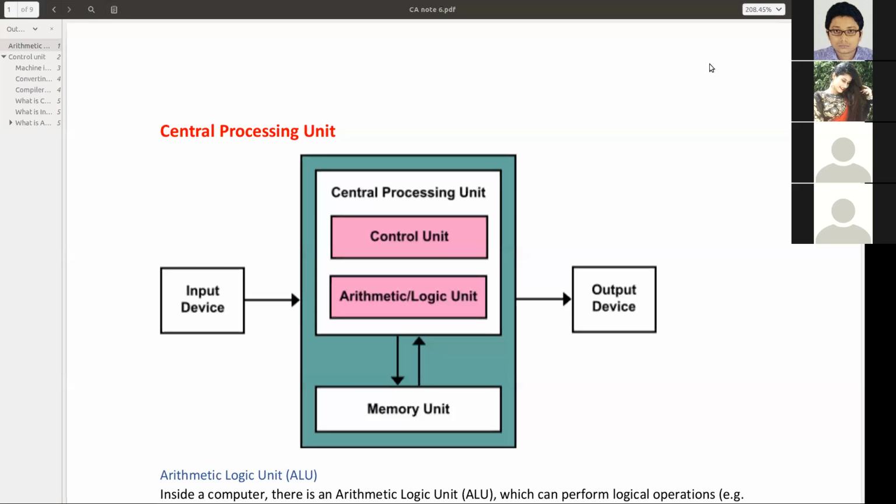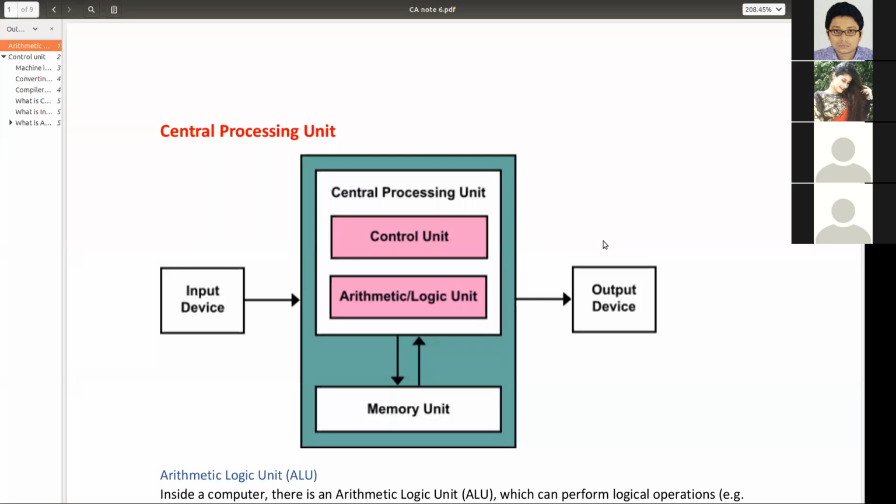Okay, so what is that? Whatever you are performing, suppose we are providing input to the system, that input is processed by the arithmetic unit or the logic unit or any other components, and you are getting the output.